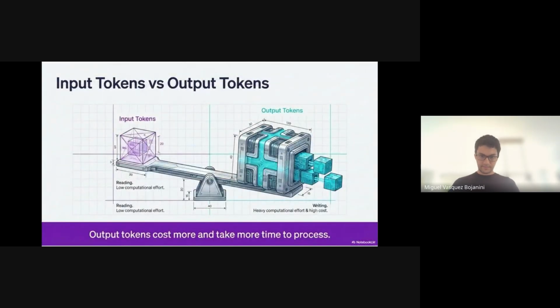Here, I already showed you the answer, but I want to ask a question, and I want you to participate. Which do you think is more expensive, input tokens or output tokens? I want you to use the reactions in the meeting to tell me. Try to not read the slide.